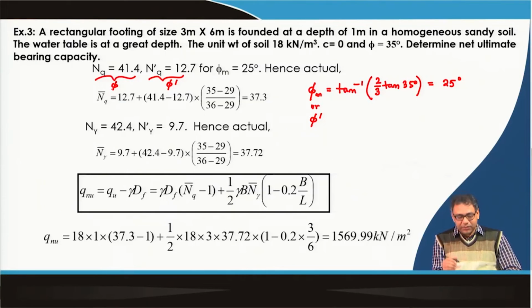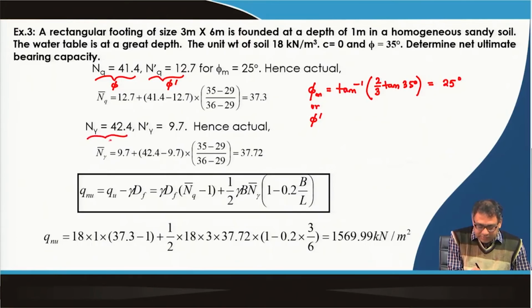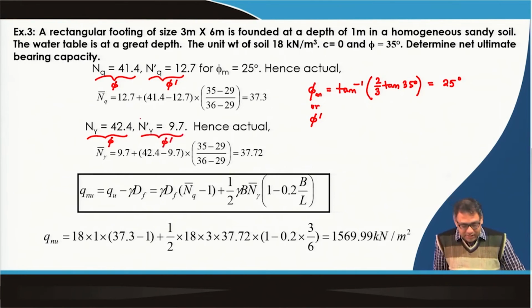So, we have to calculate the bearing capacity factor corresponding to phi and phi dash both. So, this is corresponding to phi and this is corresponding to phi dash. Similarly, this is N gamma corresponding to phi, this is corresponding to phi dash, that is why it is N gamma dash.